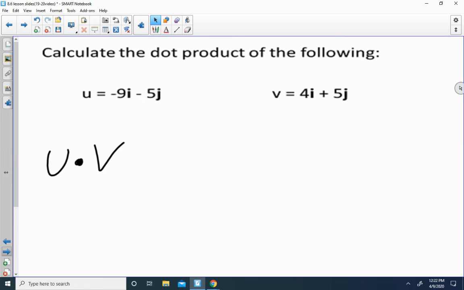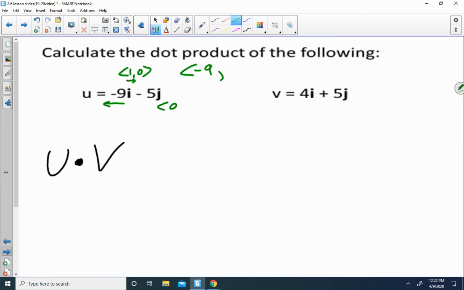Ooh, now, I want to see how many of you remember from the last video from last week that i is the unit vector 1, 0, basically saying 1 unit to the right, but multiplying that by negative 9 means that you're actually going to move 9 units to the left, which means you would have negative 9 in the first spot.